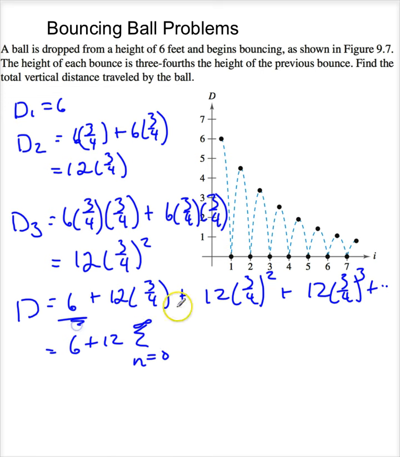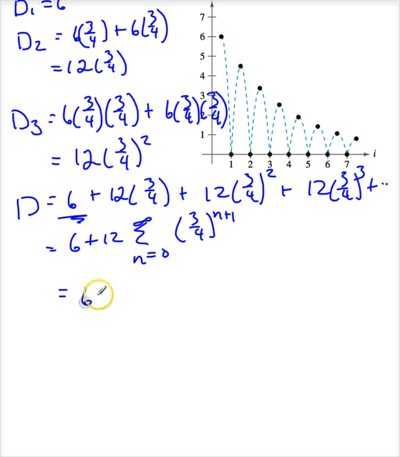I've got to play with it a little bit because I've got that first term. And this is 3/4 to the n plus 1. Now I need this just to be to the n because that's how I've defined the geometric series. So I'm going to factor 3/4 out of the 12.